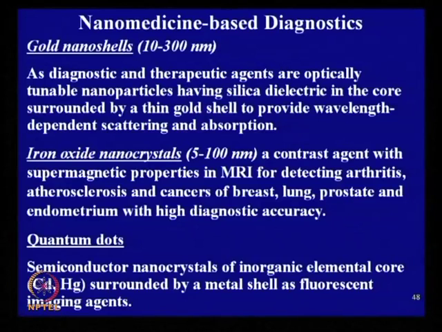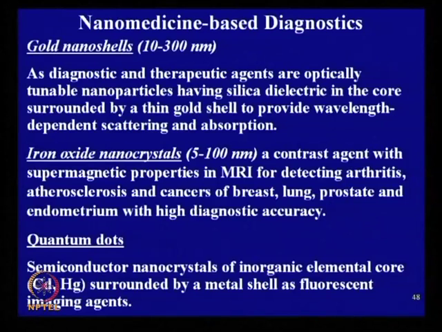So, here the nanomaterial is iron oxide nanocrystals. Do you know what is the material, what is the device in MRI? We heard of MRI. Now, today we have a little information that gold nanocells or iron oxide nanocrystals are used in MRI tests.